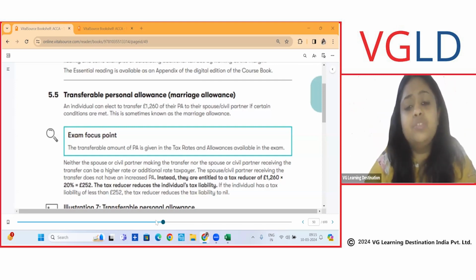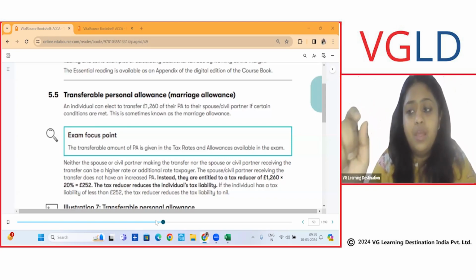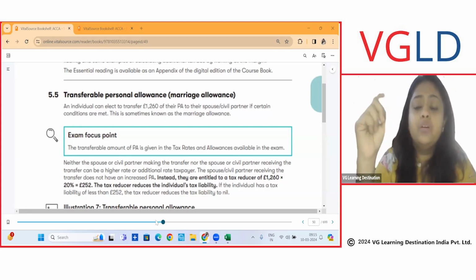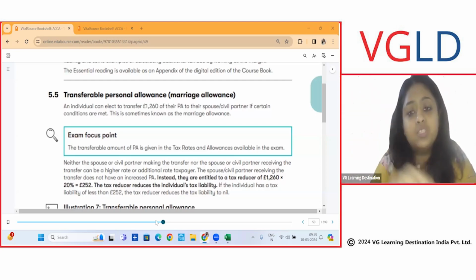So they can make an election to transfer. What do I mean by election to transfer? That means they will inform HMRC, they will make election to HMRC, in their return that they want to transfer a fixed amount of PA to their other spouse.